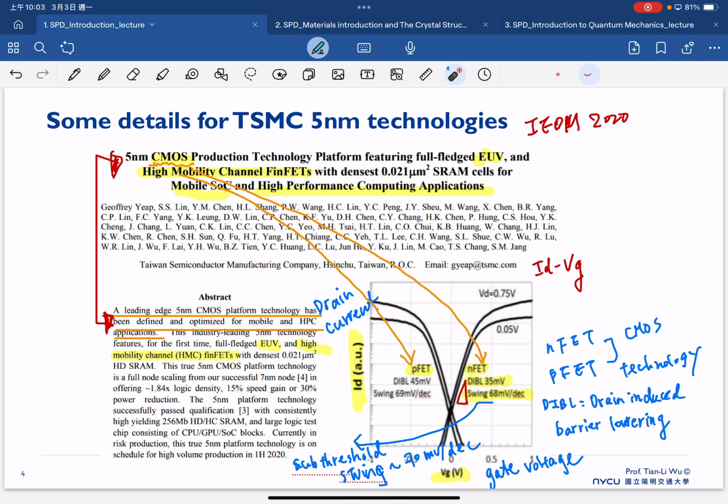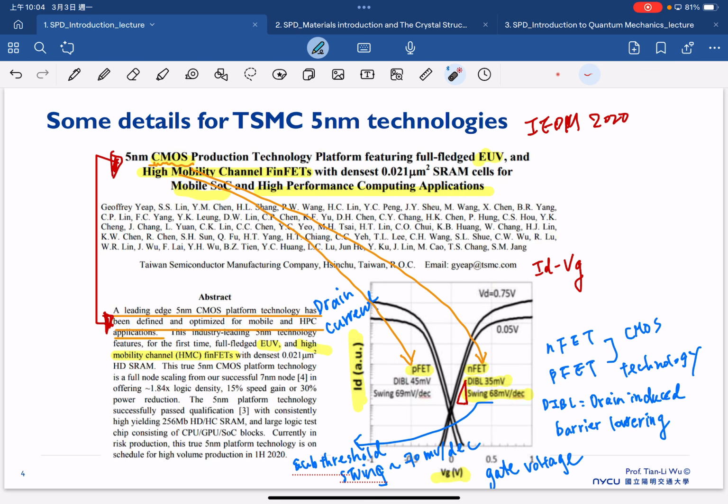But for sure, it doesn't mean that today's technology lags behind 1999. This is the important figure of merit: in the meantime, we increase our on current, decrease our off current, and also keep our swing very low. That's only 68 millivolt per decade in the case of 5 nanometer technology, because usually once we do the scaling, we always suffer a lot of high leakage current.